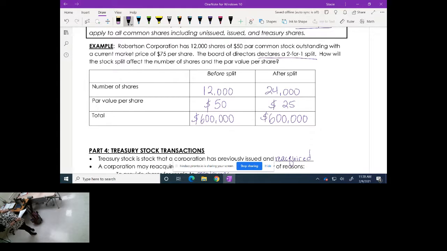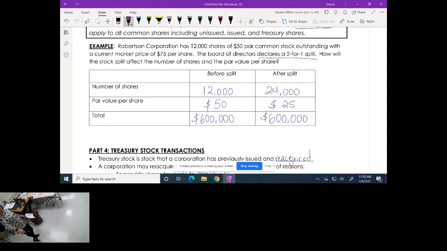Okay, so you double the number of shares. Because what you're doing is they're not giving out more shares, they're splitting the ones that are there. So it's like taking your apple and cutting it in half. You still have an apple, but now you got 2 pieces instead of 1 piece.